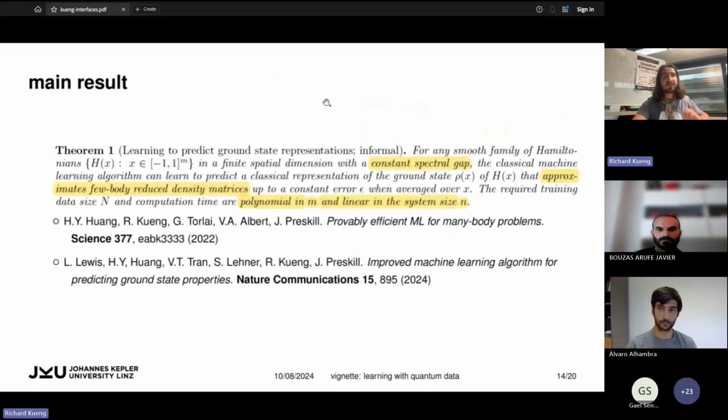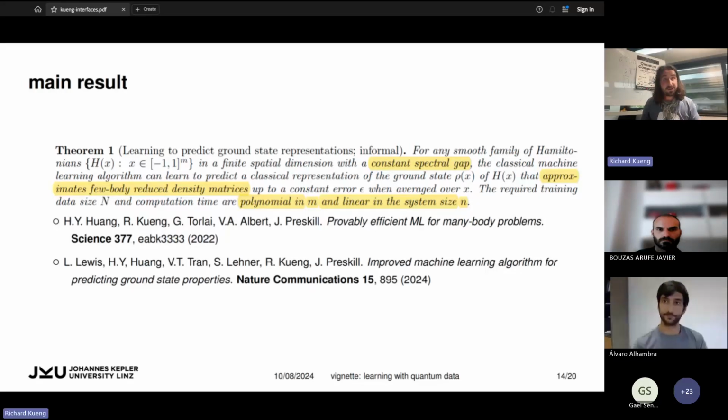So here's the main theorem, our first theorem in its full glory. And it just tells you that under strong physical assumptions, it works with polynomial resources throughout. The strong physical assumption we need is that we have to assume, not an entire, not about one Hamiltonian, but a parametrized family of Hamiltonians, and they have to have a constant spectral gap.